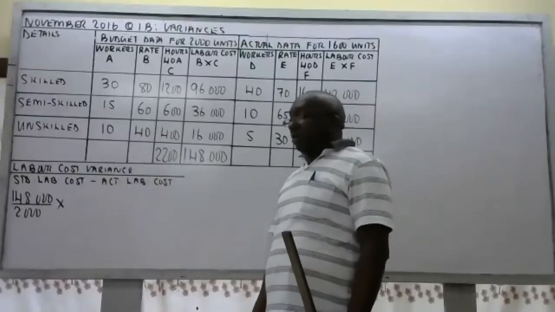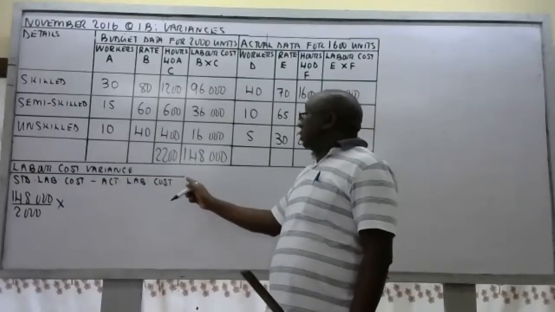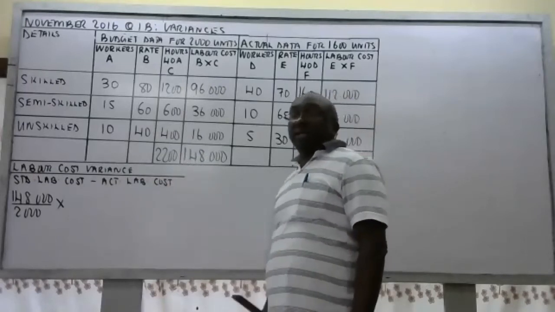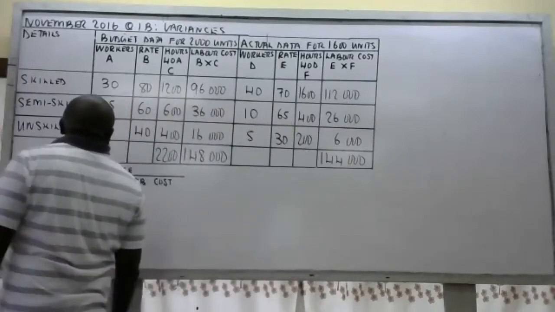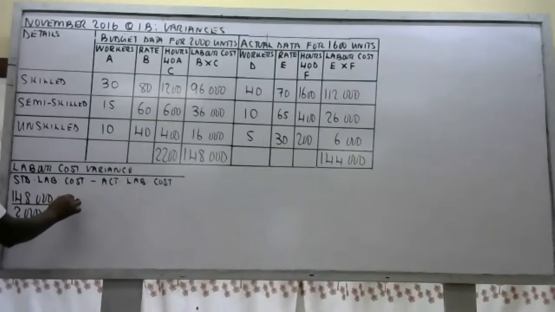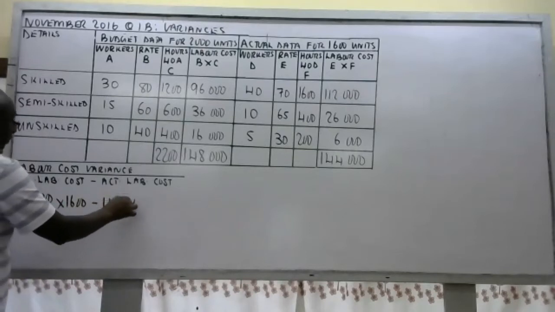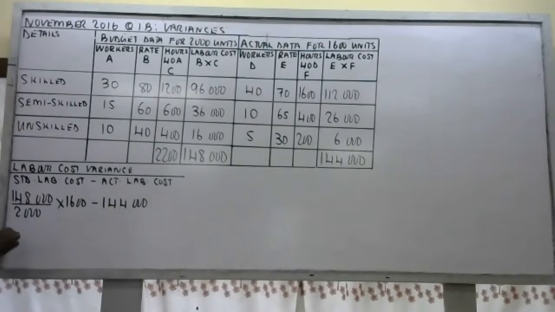So first of all, you express it per unit. When you divide by 2,000, then you multiply by the actual units that were produced, 1,600. You minus the actual labor cost of 144,000.